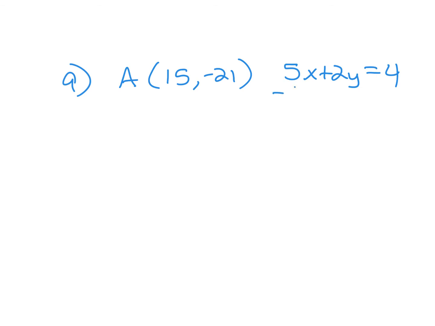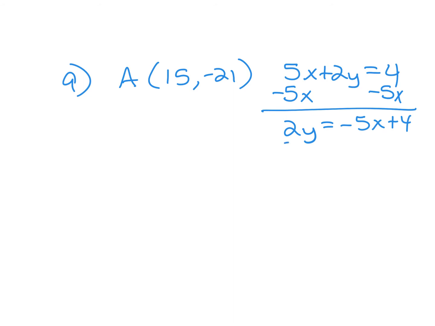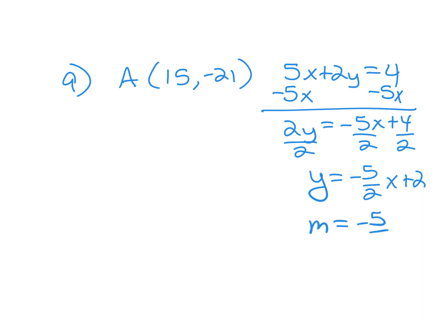I'm going to subtract 5x from both sides. 2y is equal to -5x plus 4. Divide everything by 2, and y equals -5 over 2 x plus 2. The slope of this line, the original, is -5 over 2.